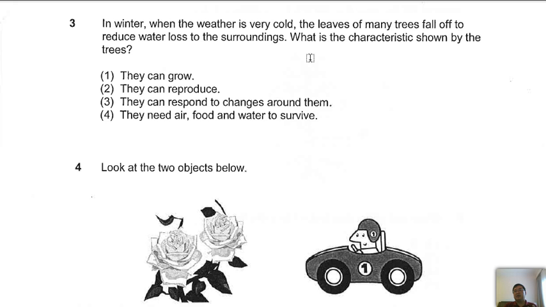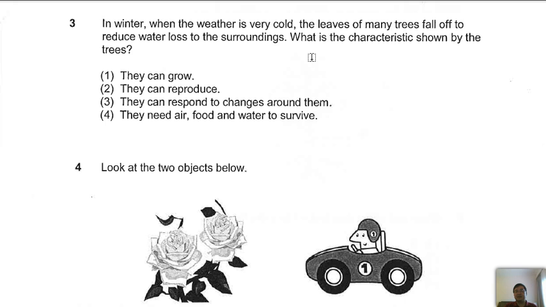So if the leaf is losing water for the plant, then during winter it's difficult for water to be lost, because most of it may turn to ice. There will not be any flow of water. So the plant responded by shedding all the leaves, so that less water will be lost through the leaves.